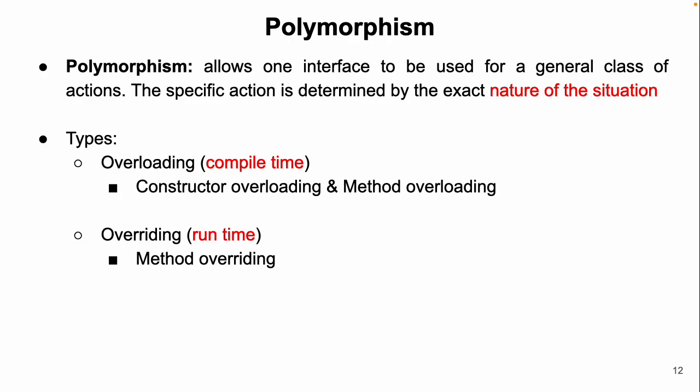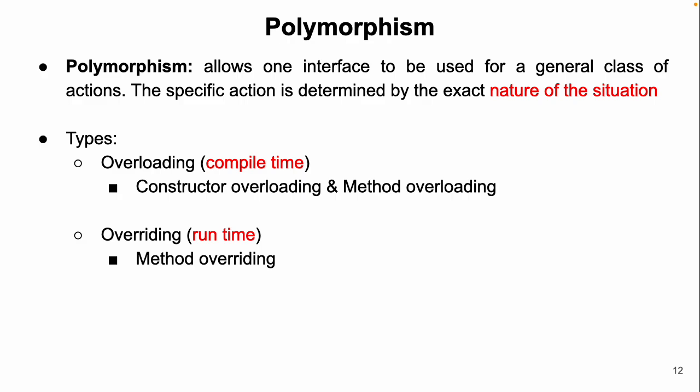Based on the particular situation, the action will change. The method name will be the same, but depending upon the arguments we are passing, or the type of arguments, the task may vary. We call this polymorphism.